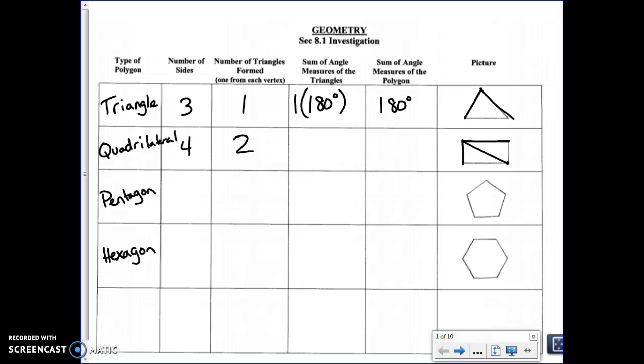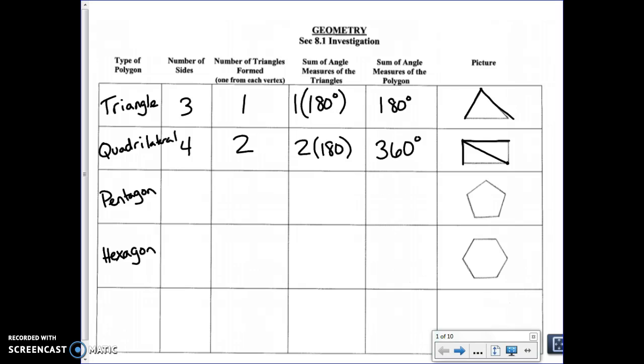In each of those triangles, they add up to 180 degrees. We know that from our previous chapters. So then we have 2 triangles times 180. And so 2 times 180, the sum of the angle measures of the polygon would be 360.